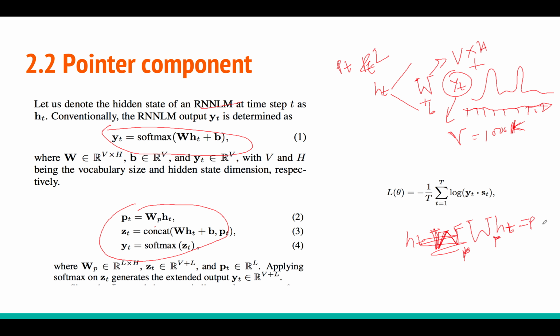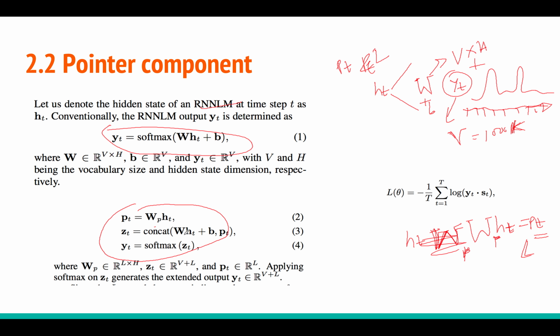Then I get this vector PT, which is of dimension L, right? Very simple. You project it through W here, and I do the same thing: I take this HT and again project it through some WP and get a new vector PT, but this time PT is an L dimensional vector.